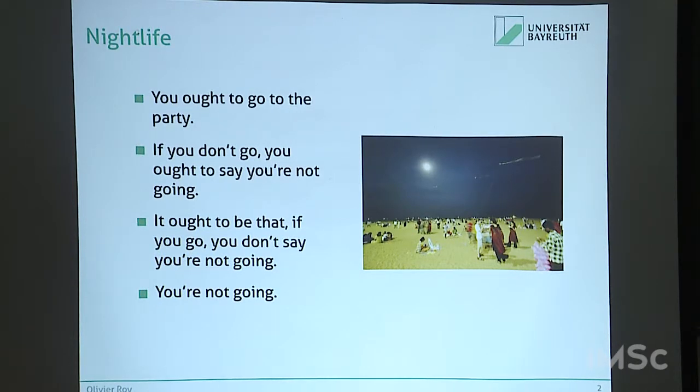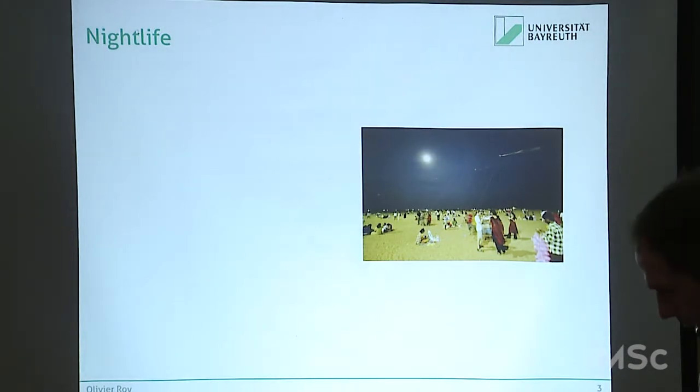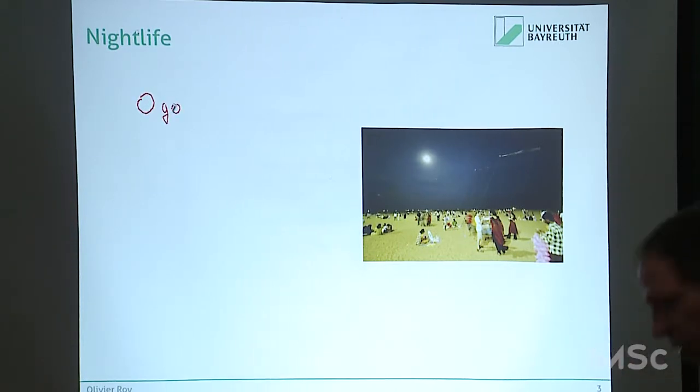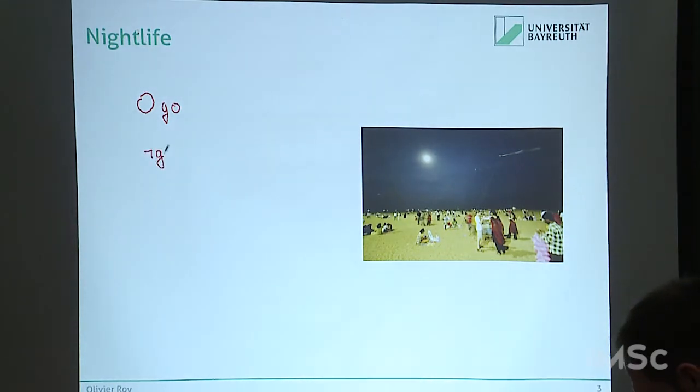But now let's see how we could formalize them in SDL. One first proposal is that the following is true. So you ought to go. That's the first statement. Now the second one was saying if you don't go, then you ought to tell that you're not going.